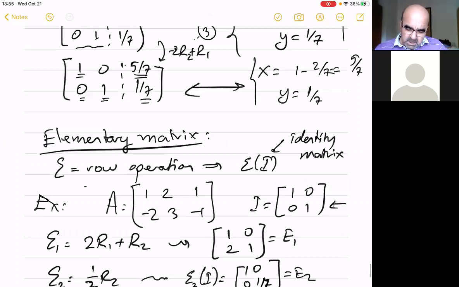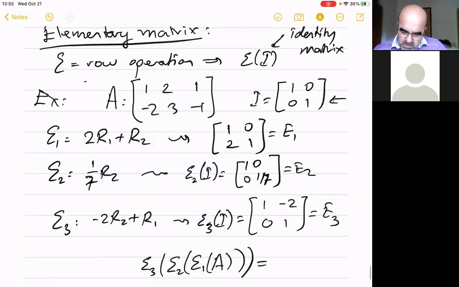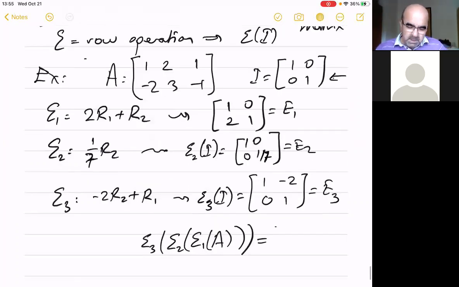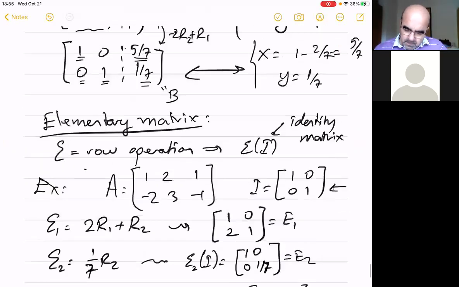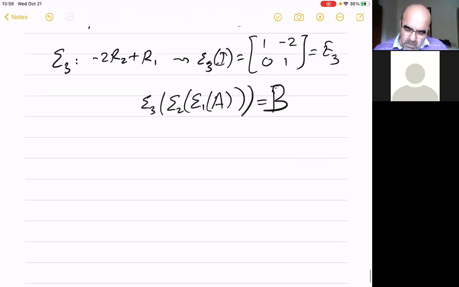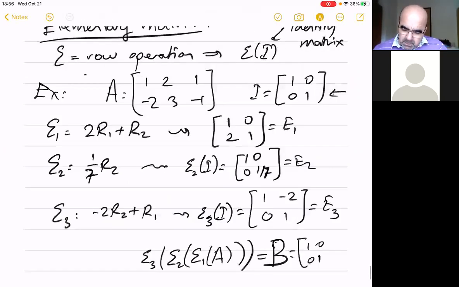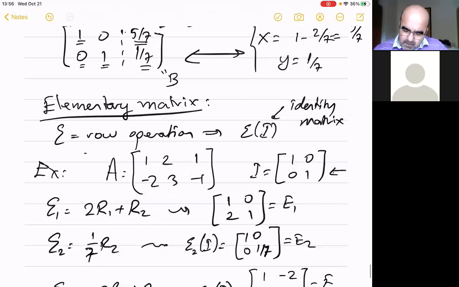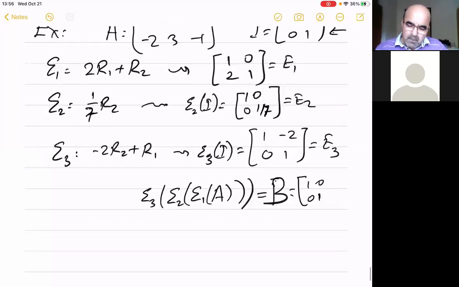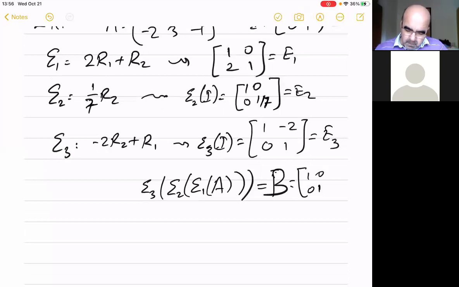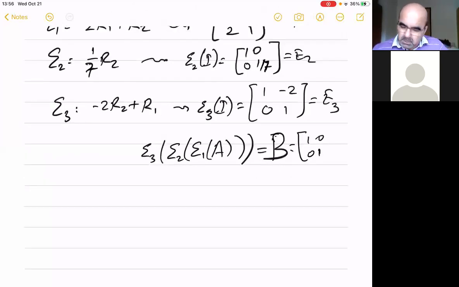Let's call this matrix B. Let me write it like this: 1, 0, 0, 1, and 5/7, 1/7.